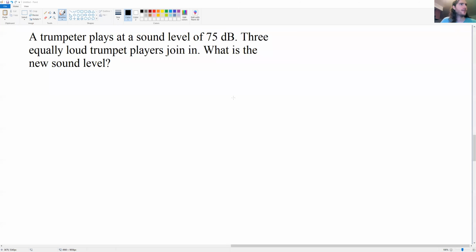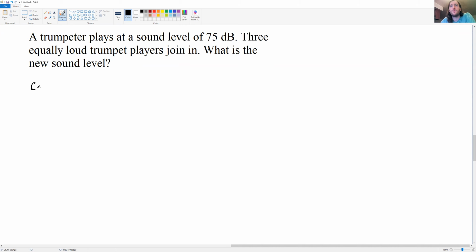Welcome back, everyone. Let's go ahead and go over the question now. Feel free to stop me if you have a question. I'm going to slow down a little bit. This example follows initially like the last example we did. We're given a sound level, 75 decibels, and we need to first calculate the intensity of one trumpet. Let me write down the strategy here.